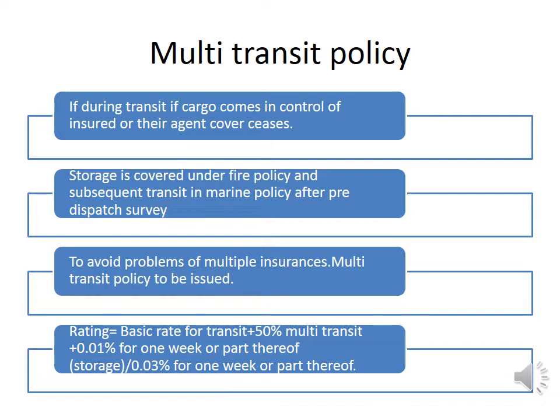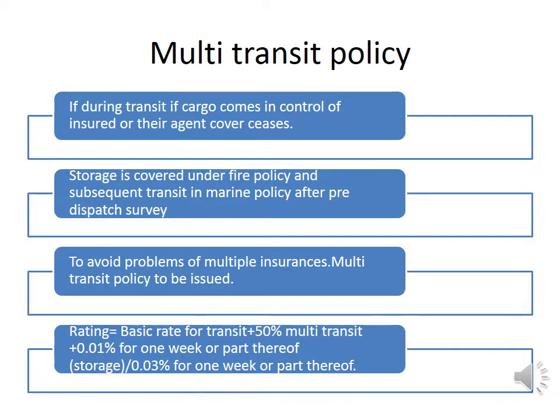So in a multi-transit policy, when the cargo comes in control of the insured, the cover ceases. But then you have to see, at the time of discussing and accepting the risk, there was a case where a very big corporate had their own port.